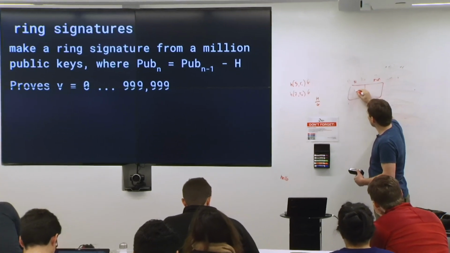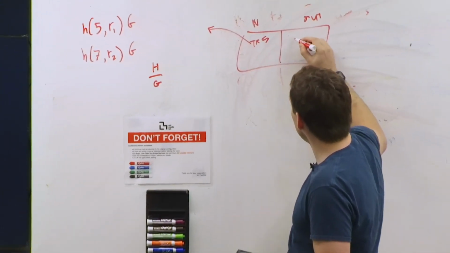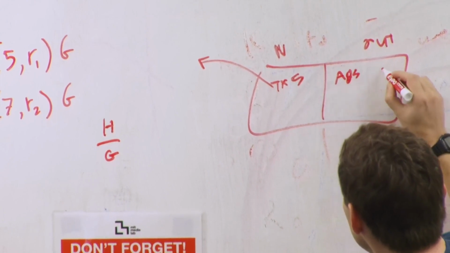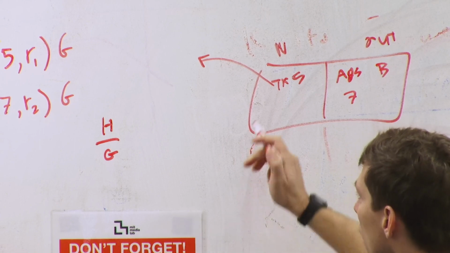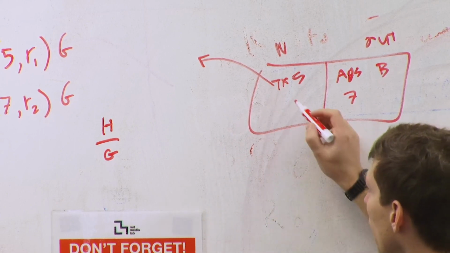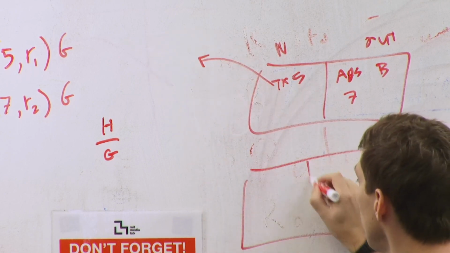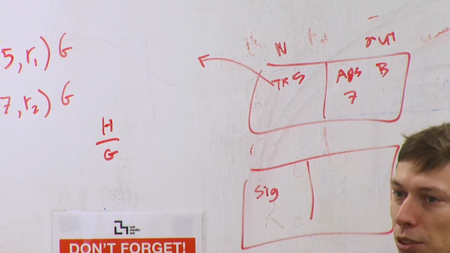In the simplest case, it points to TX5 or something, and then my output is address B, and it's got 7 coins. Everyone can see what you're spending. The idea in Monero is, I don't point to an input. I just provide a signature, and it's up to you to figure out where that signature is.